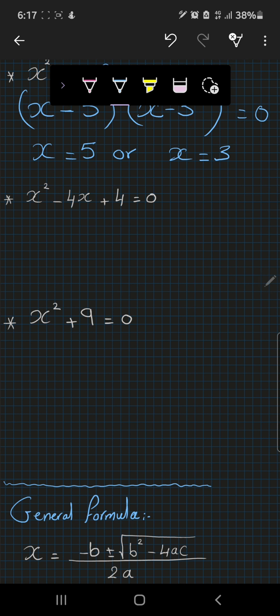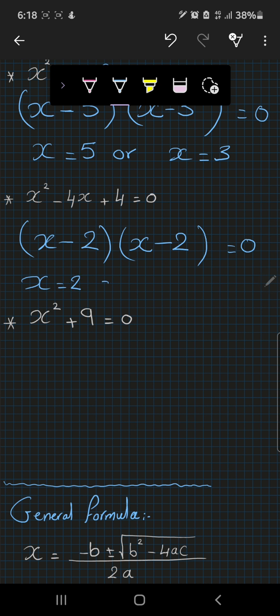The second one, x² − 4x + 4 = 0. The same, open two brackets. x, two numbers, their product is 4, 2 times 2, and the sign like the middle. So we get x = 2 or also x = 2.